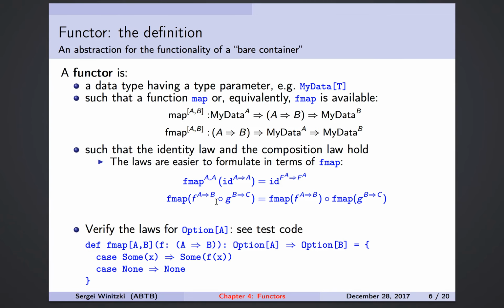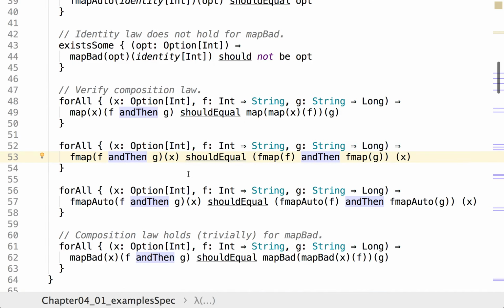The composition is a circle; in Scala it will be andThen. So first f and then g. If you apply this to a value of type a, then first f will map it to b, and then g will map it to c. So it's easier to read it that way.